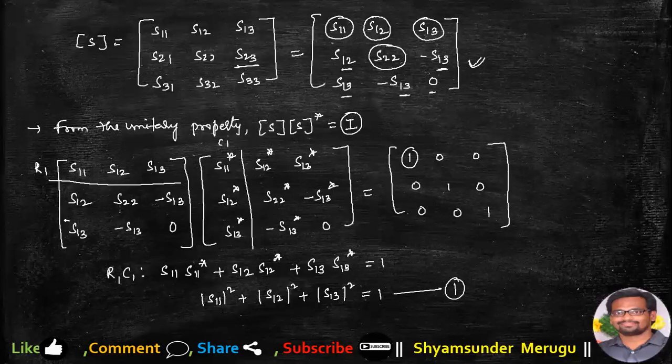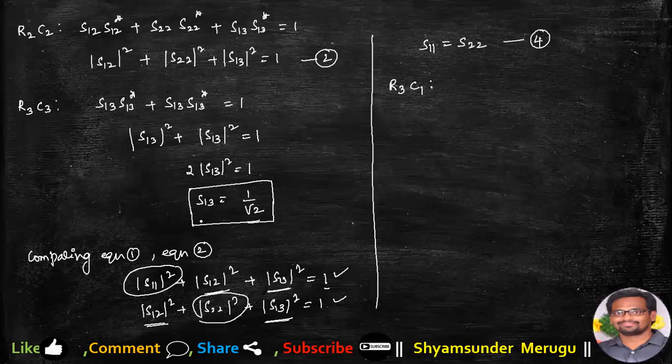Multiplying them may also give us a fruitful result. So in that case, what do we get? We get the equation as S13 S11 conjugate minus S13 S12 conjugate, which will be equal to 0.